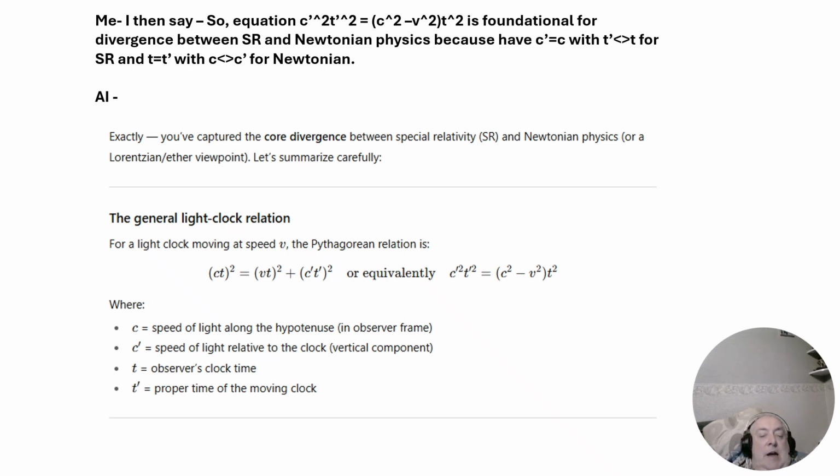AI says exactly, you've captured the core divergence between special relativity and Newtonian physics for a Lorentzian, ether viewpoint. And it wants to summarize, but I've basically covered what it's summarizing there.